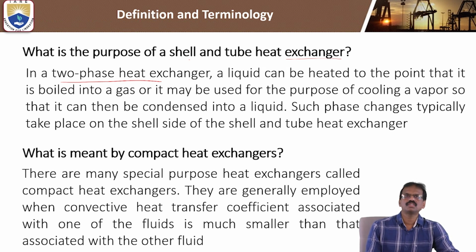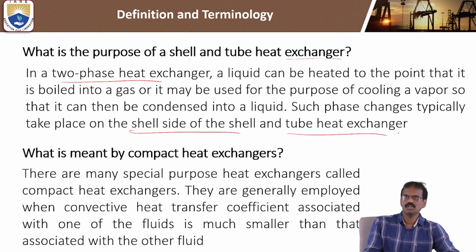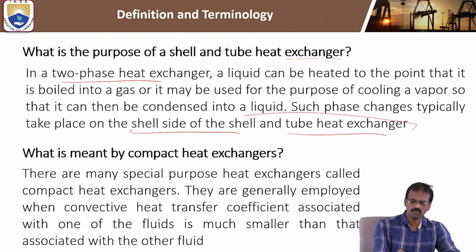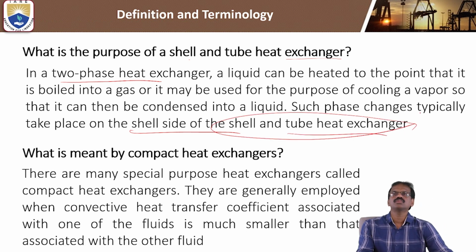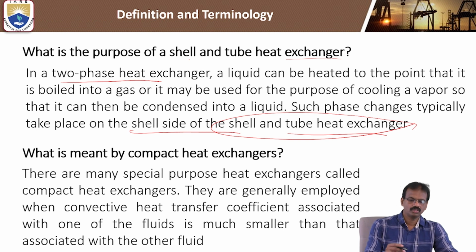Such phase change typically takes place on the shell side of the shell and tube heat exchanger. So we'll see heat transfer along with the condensation, vapor condensation. That is the main purpose. So these shell and tube type heat exchangers are used for condensation.